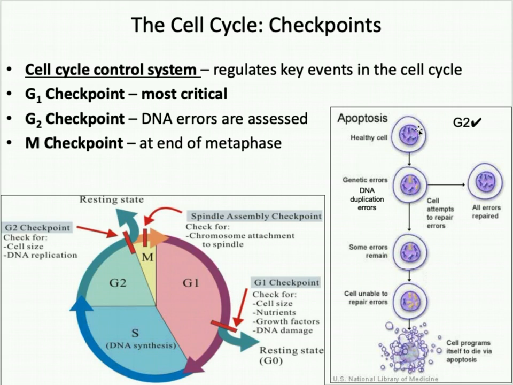So here we have a healthy cell that has undergone S phase, and now is in G2 phase. Apparently there are some DNA duplication errors where it may have mistaken a nucleotide and put another nucleotide in.